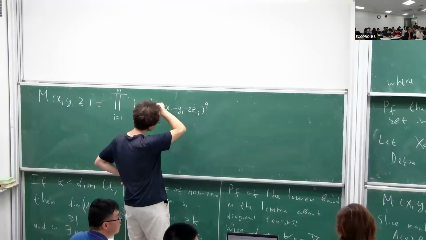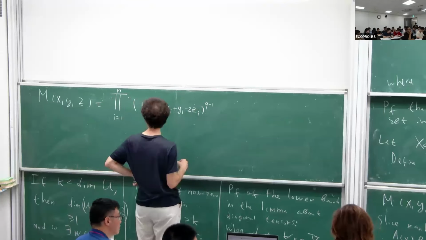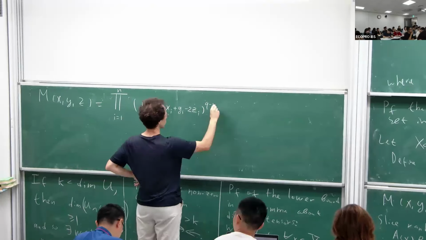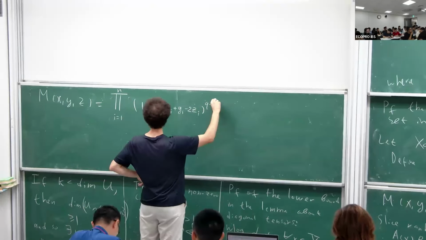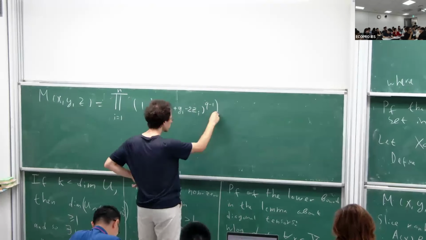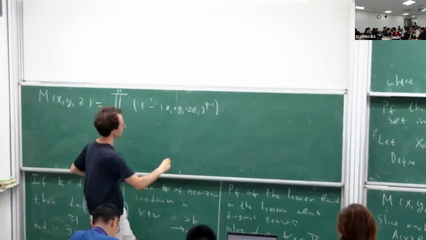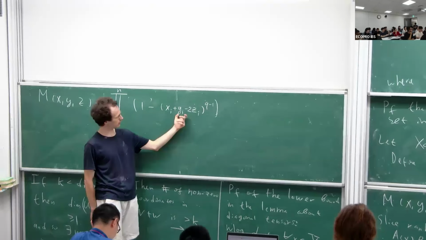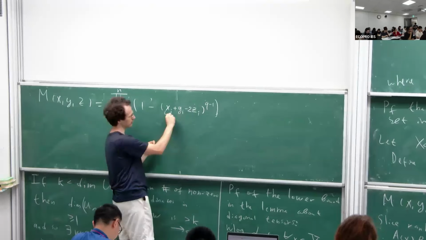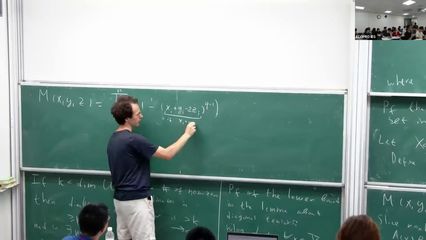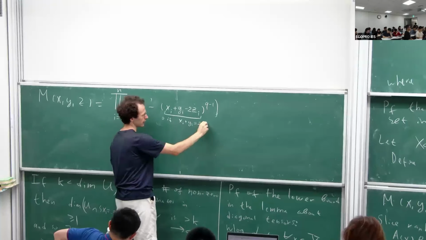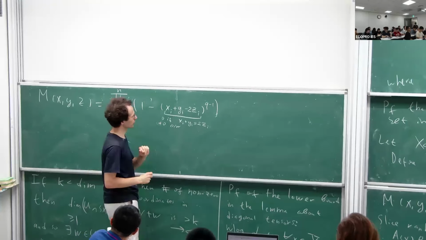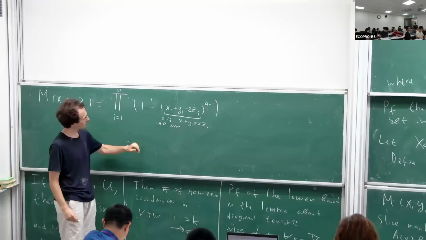So let's stare at this expression. This expression in parentheses is 0 if the ith coordinates of x, y, and z satisfy that relation on the board on the right, and it's non-zero if they don't. If you take 0 and raise it to some power, of course, it's going to be 0.